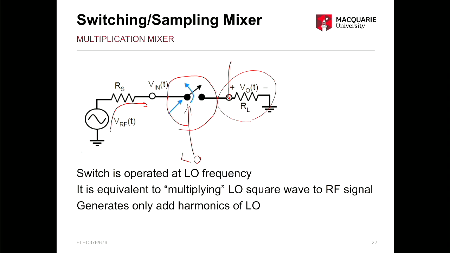So you have your RF, let's say it is 1, and your LO. Your output is 1. If LO is equal to 0 and RF is equal to 1, your output is equal to 0. And if RF is equal to 0 and LO equal to 1, still your output is equal to 0. And both 0 is 0. So this is the truth table for a multiplier. That's why I call it a mixer, because it multiplies these two signals.